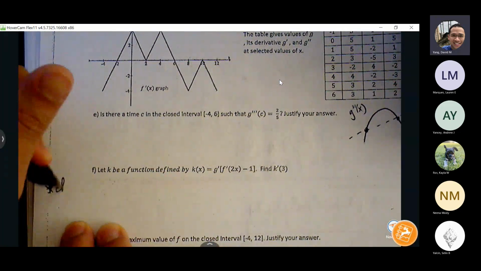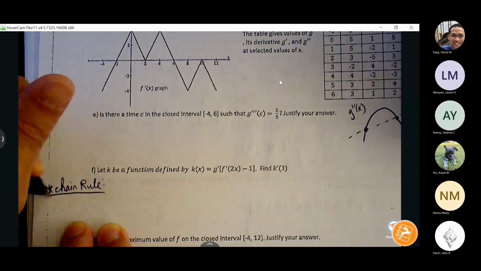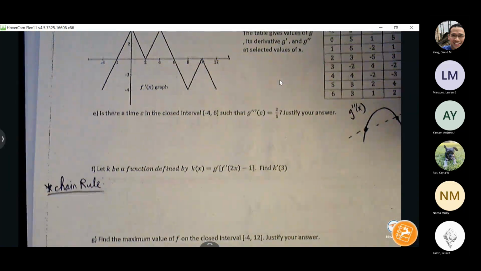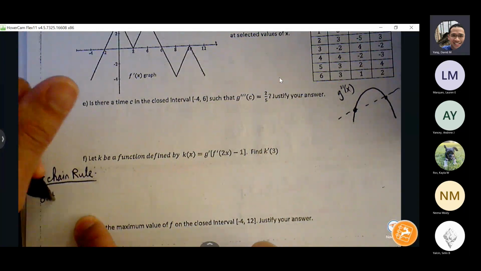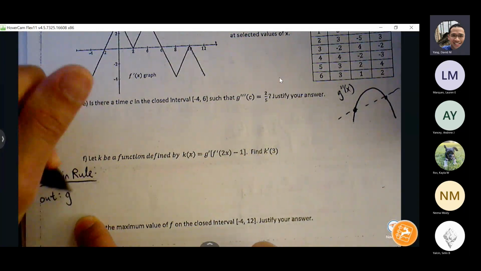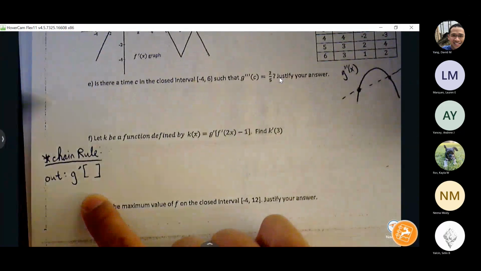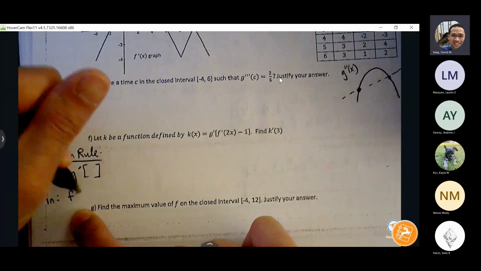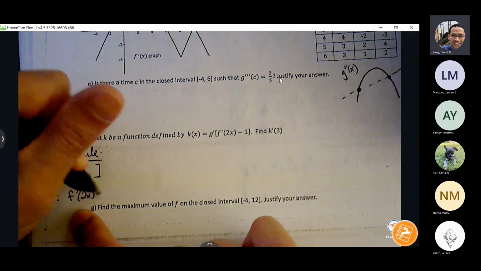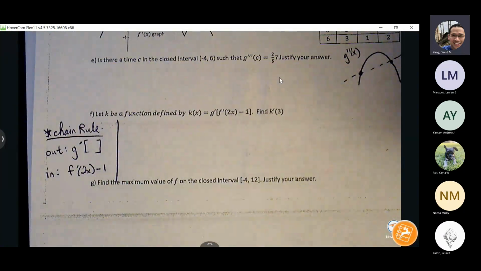So we have to go through the chain rule. You've got the outside portion, which is that G prime. You've got the inside portion, which is that F prime of 2X minus 1. So we have to take turns with each part and put them next to each other.